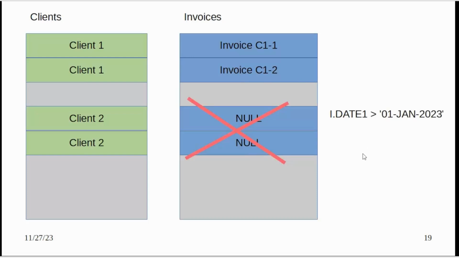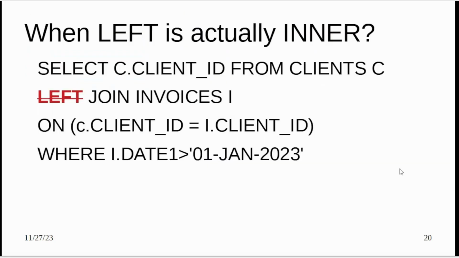And this condition effectively filters out records from invoices which are null, because this condition does not allow nulls. It means that essentially the query looks like this. We don't need the left join.